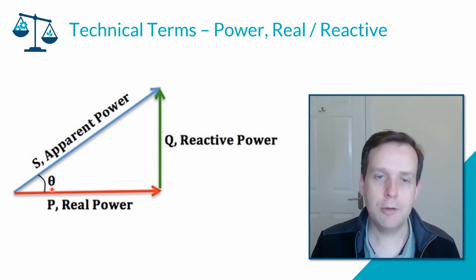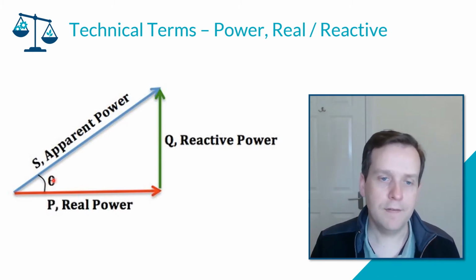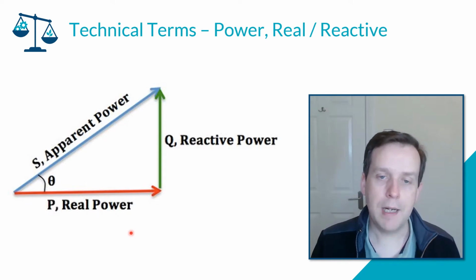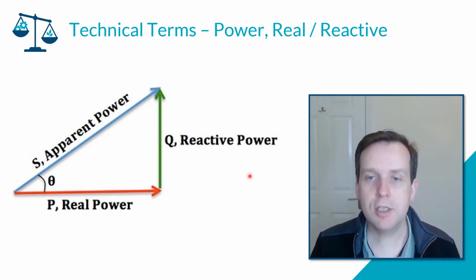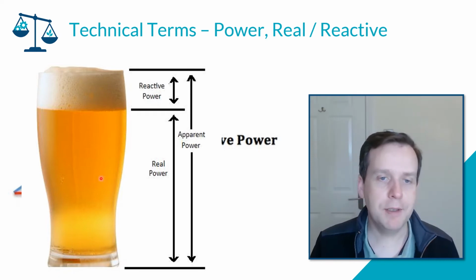This is known as a power triangle. Now, normally this angle is called the power factor, and normally it's actually reversed. So the apparent power is normally above the real power, and the reactive power is what they call lagging. So what is that? A simpler explanation is, if you imagine a pint of beer, the real power is the substance.